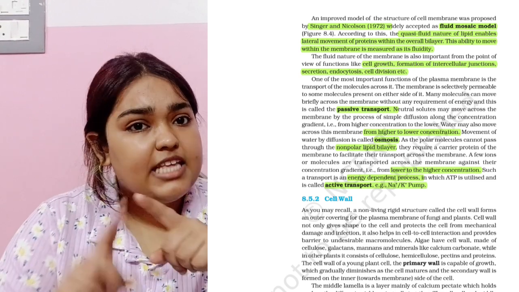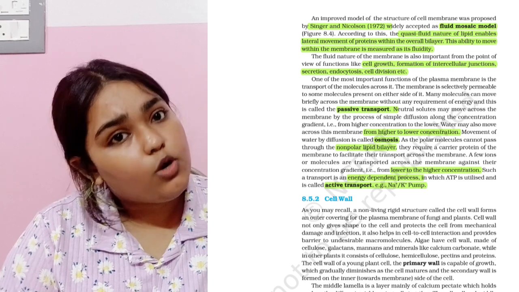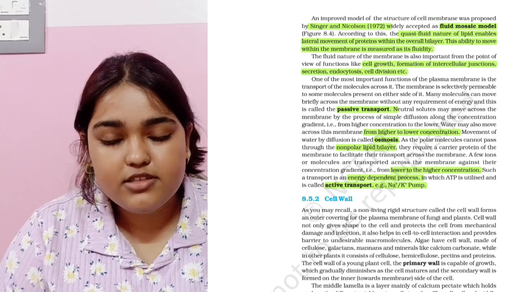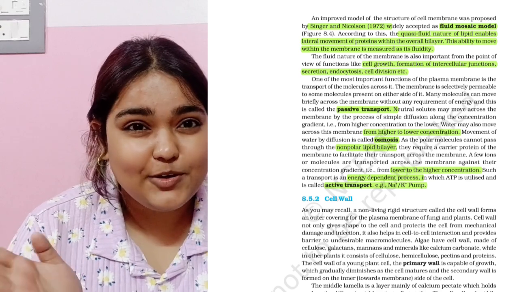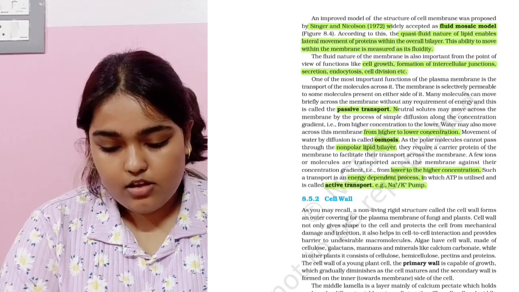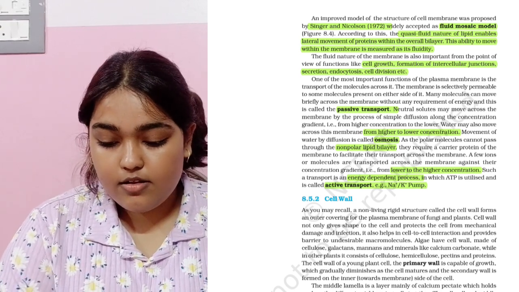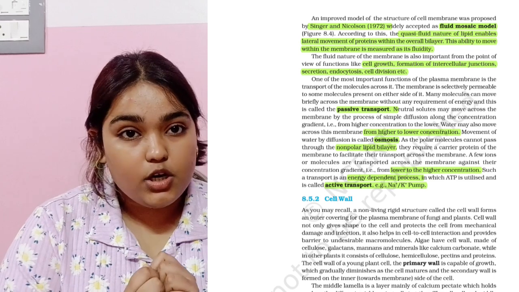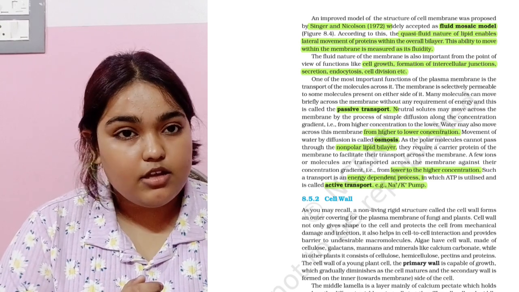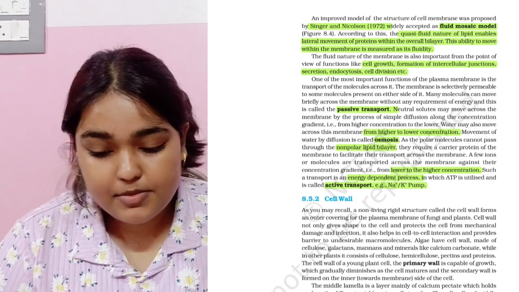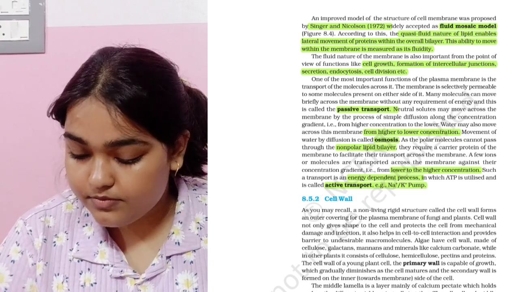So if the cell membrane is non-polar inside, whereas water is polar, how is it going to come inside the cell? The carrier protein acts: the water molecule with the carrier protein passes through the cell membrane and comes inside the cell.